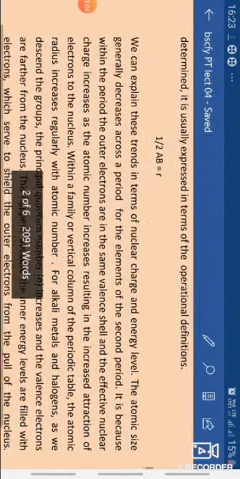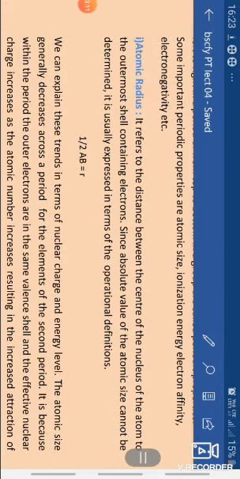Now we will see the variation of atomic radii along the period and in the groups. When we go from left to right in a period, the atomic radii decrease. Why does this occur?